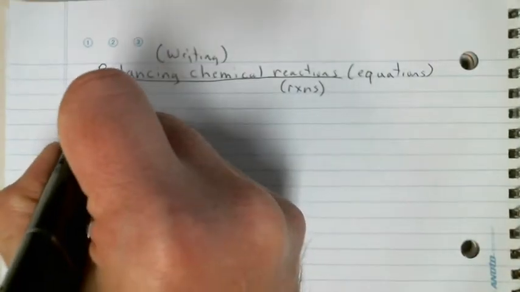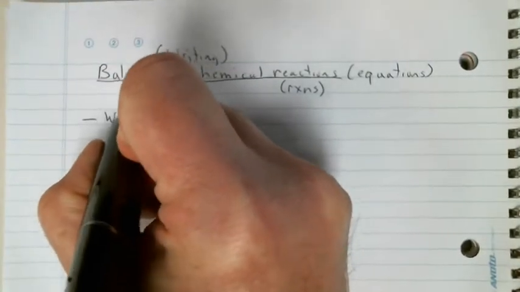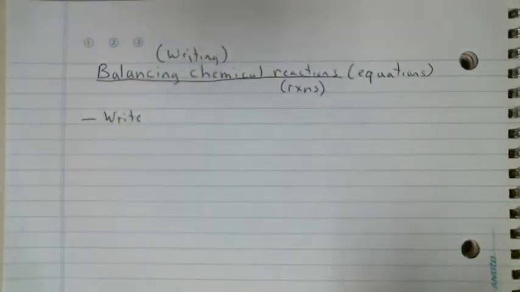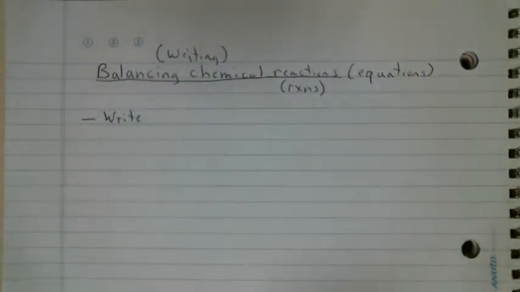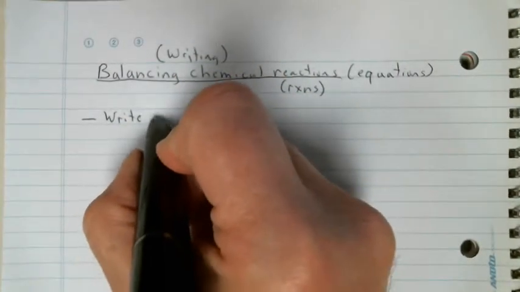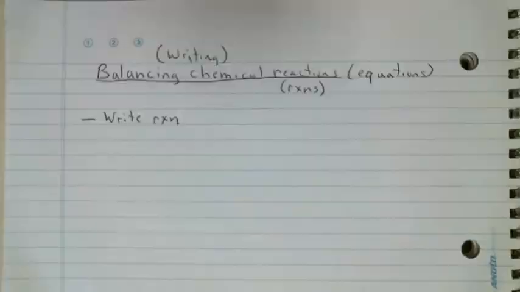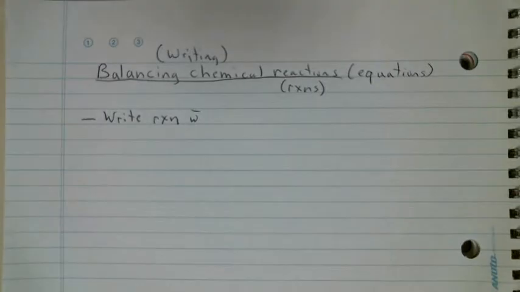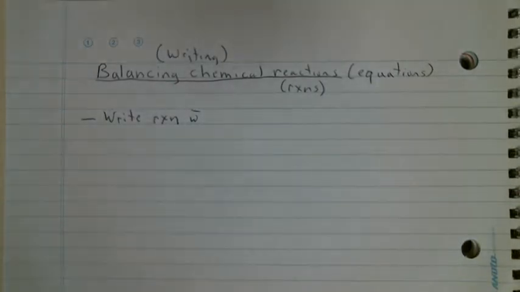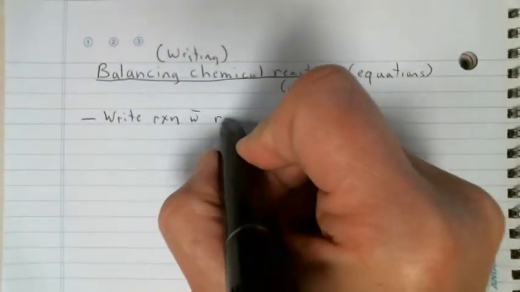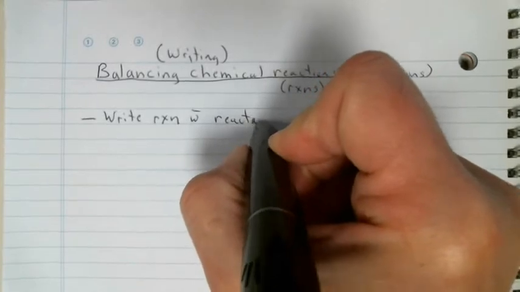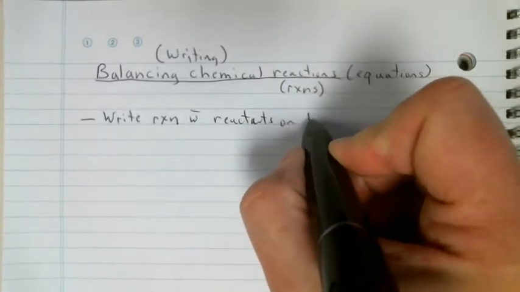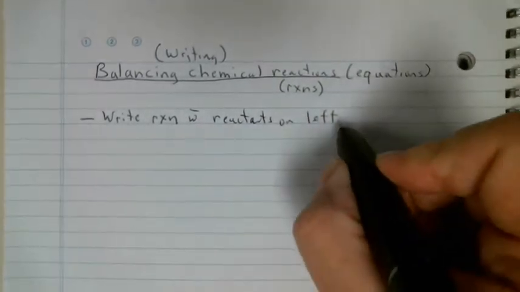So first thing is we already did some of writing a reaction, right? So my abbreviation for reaction is RxN. So we'll write the reaction, and it's a mathematical equation. So we'll write this reaction with reactants on the left and products on the right.